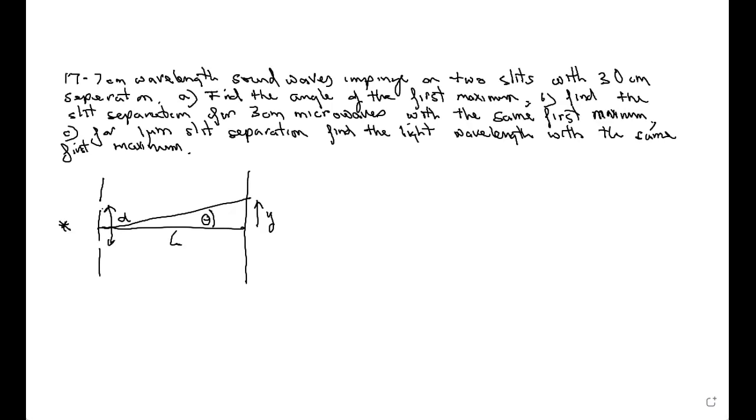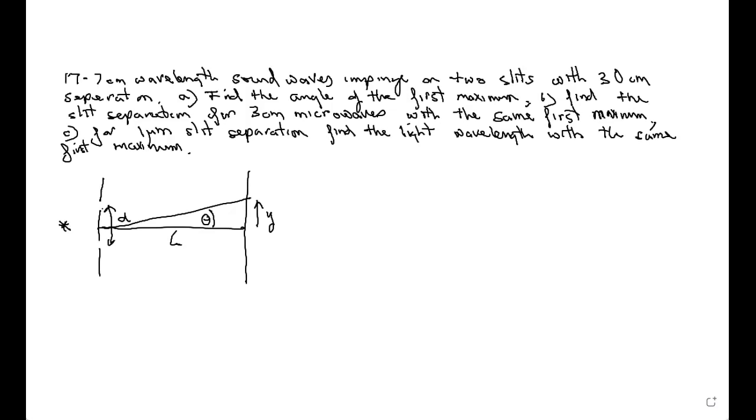So the sound, the microwaves, the light waves are all waves. They all exhibit constructive, destructive interference, and they will all show in appropriate two-slit experiments with those waves, bright fringes, dark fringes, constructive, destructive interference.